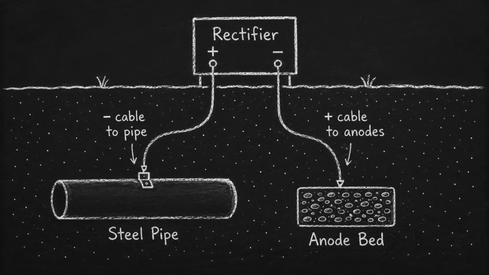Because the rectifier can produce much higher current than sacrificial anodes, ICCP systems are commonly used for long pipelines, large storage tanks, plant piping systems, offshore structures, jetties, and large buried or submerged steel structures. ICCP systems are powerful and adjustable, but they also require power, monitoring, and maintenance.